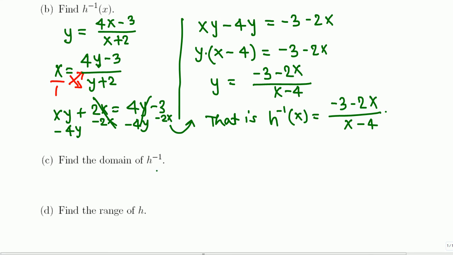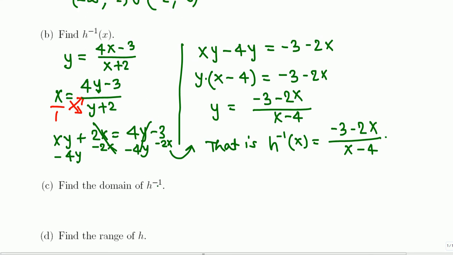Here is the h inverse function. The domain is the set of all reals except where the bottom is 0. So x minus 4 becomes 0 when x equals 4, because 4 minus 4 is 0. So the domain of h inverse is all reals except 4.